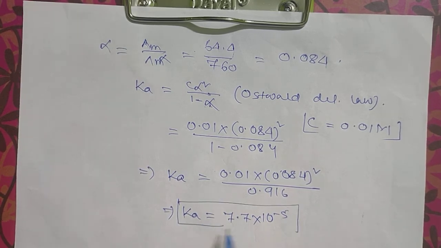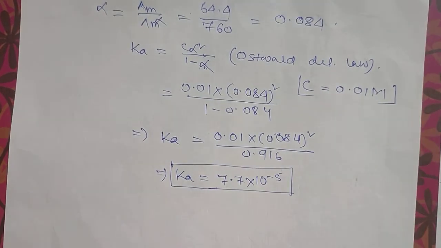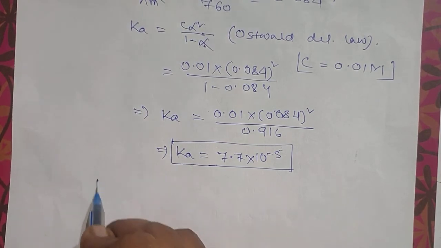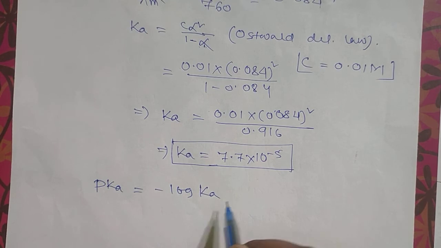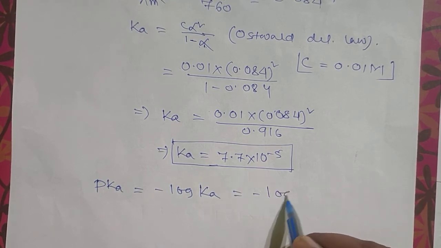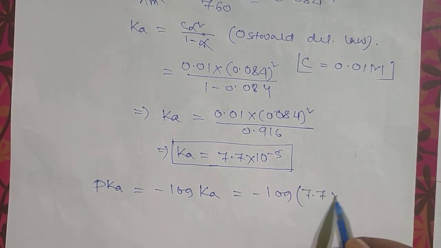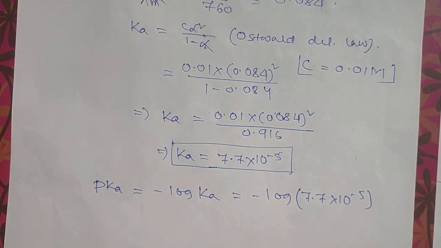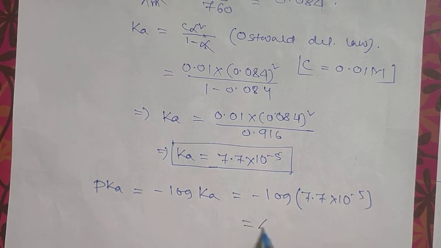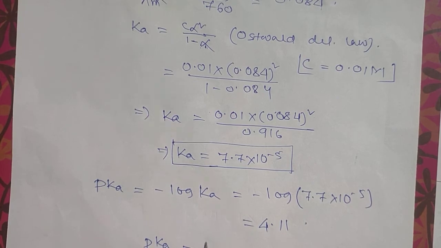So this is the Ka, and now pKa equals minus log of Ka, that is minus log of 7.7 times 10 to the power minus. We put the value and we get the answer, 4.11. So pKa equals 4.11.